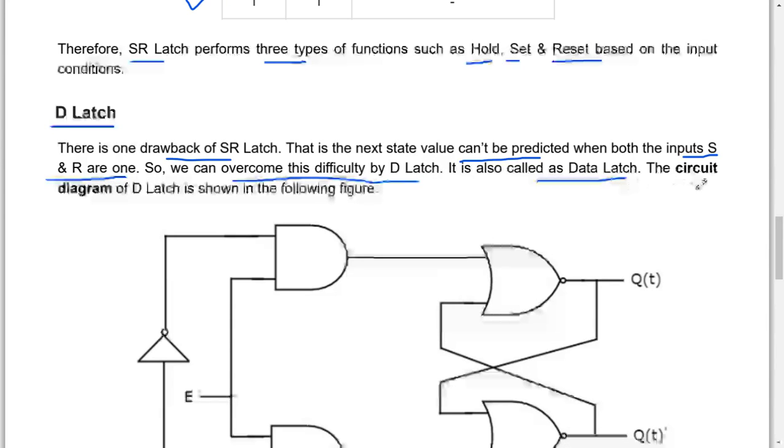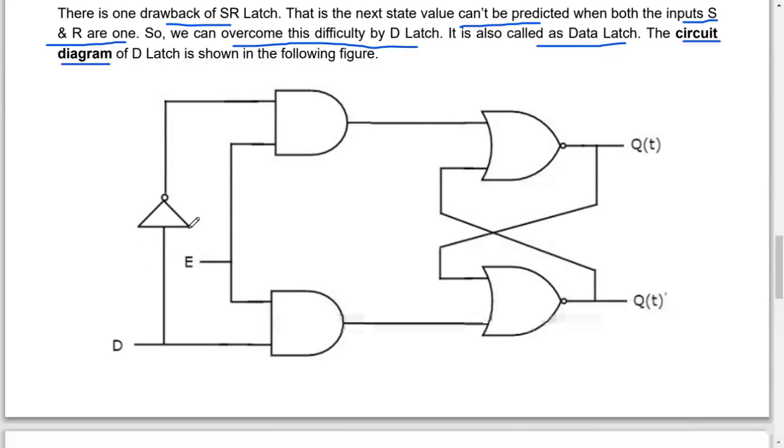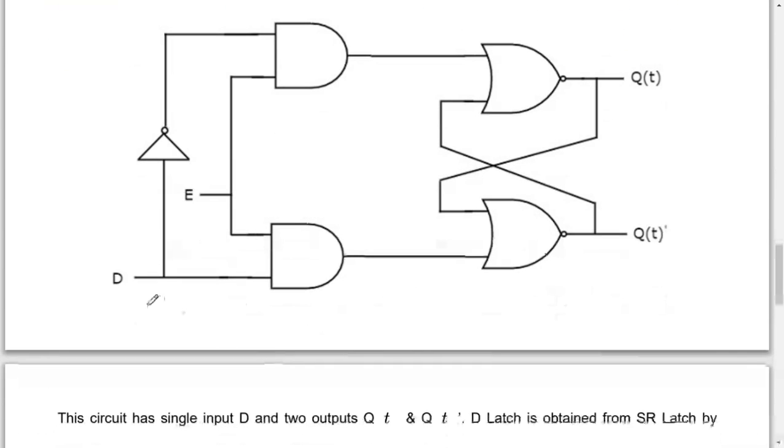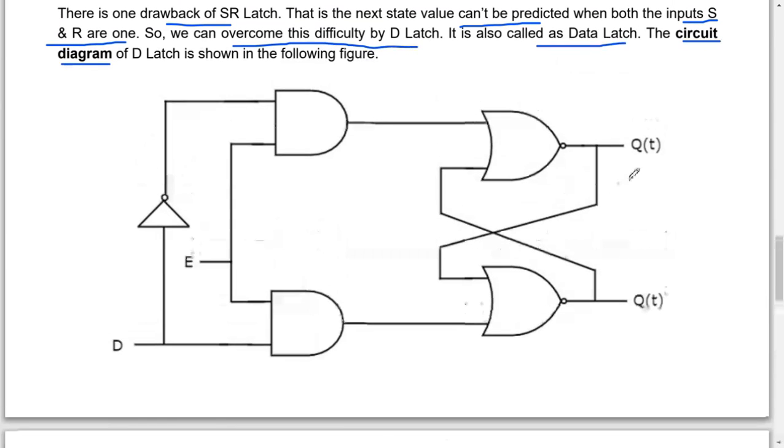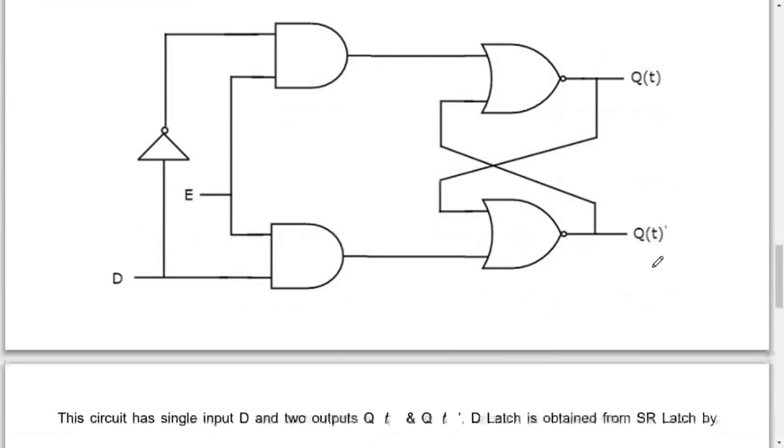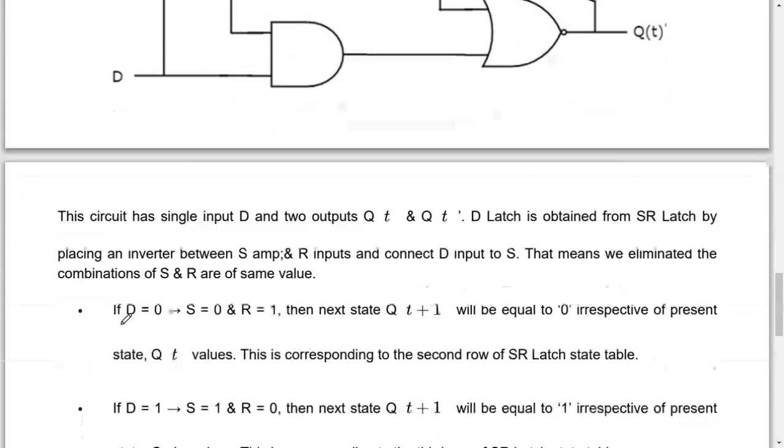The circuit diagram of the D latch is shown in the following figure. NOT gate, AND gate and NAND gate. Input D, E, outputs QT and QT dash or bar. This circuit has a single input D and two outputs QT and QT dash.